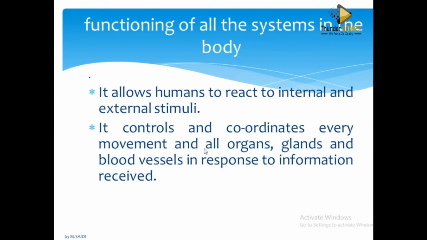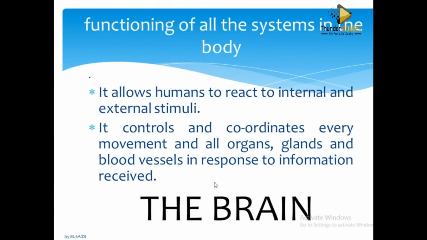Then it also controls and coordinates every movement and all organs, glands, blood vessels in response to the information received. So the moment the body receives the information internally or externally, the nervous system also helps in coordinating so that a meaningful reaction or effect is being done.